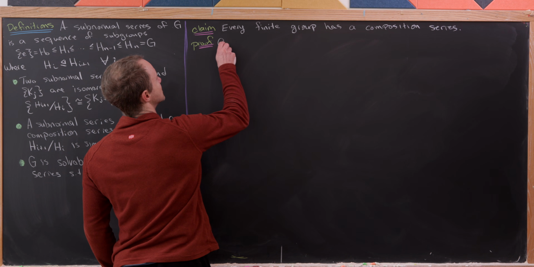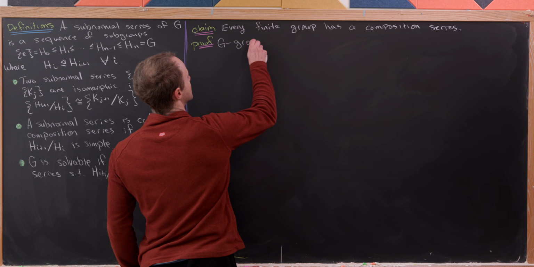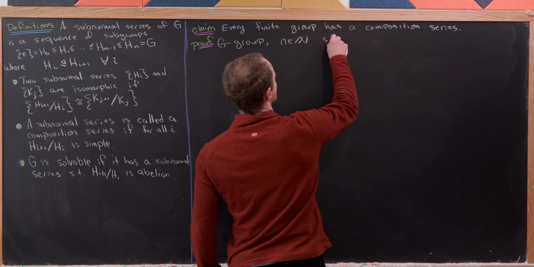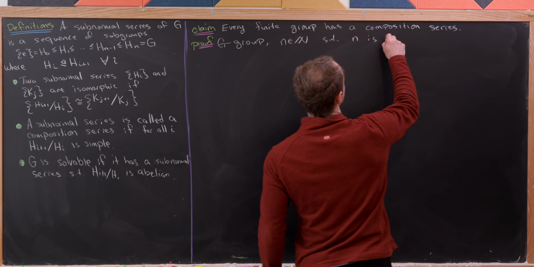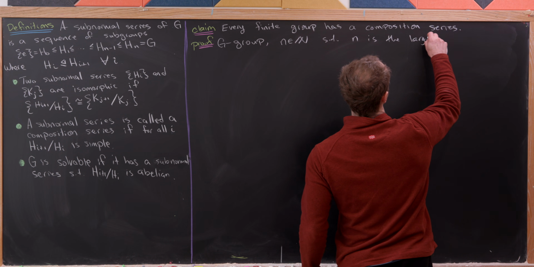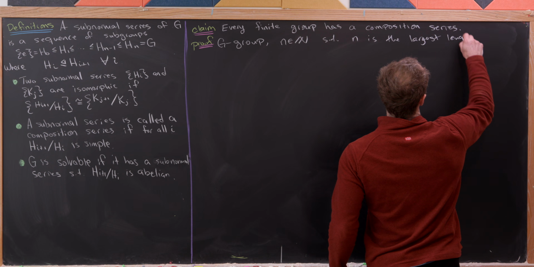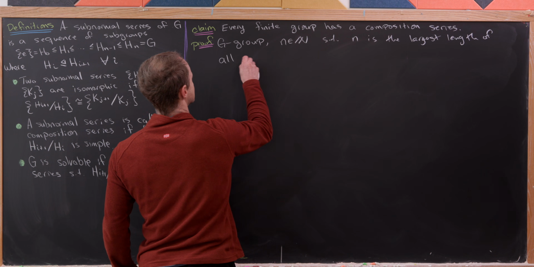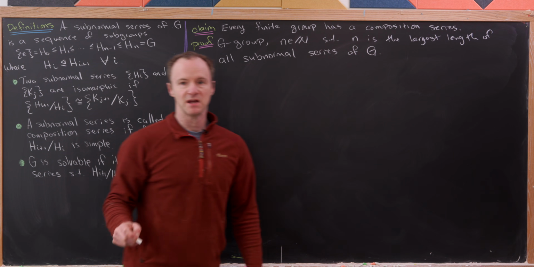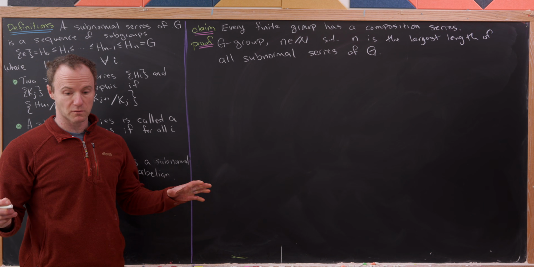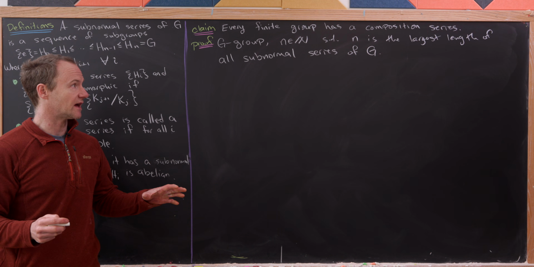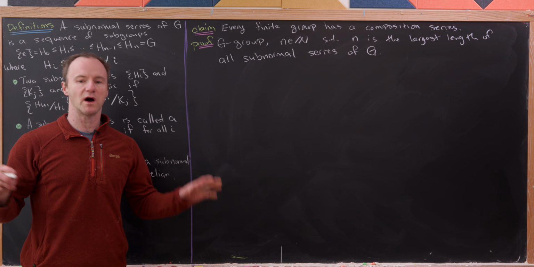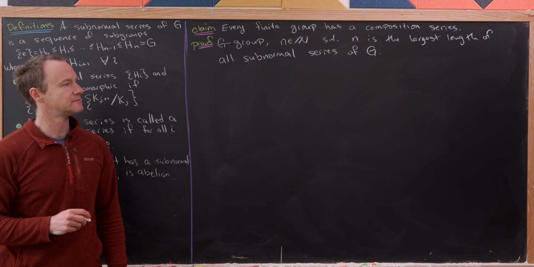So let's say that G is a group, and let's say that n is a natural number such that n is the largest length of all subnormal series of G. So in other words, you look at all subnormal series of G, and among all of them, you find the one that is longest, or you find one of the ones that is longest.